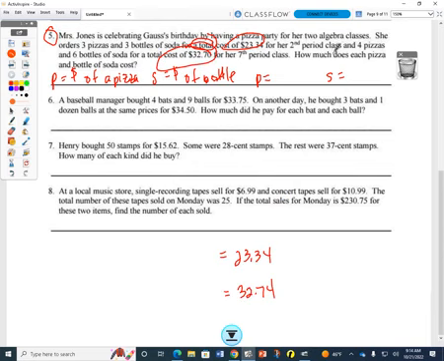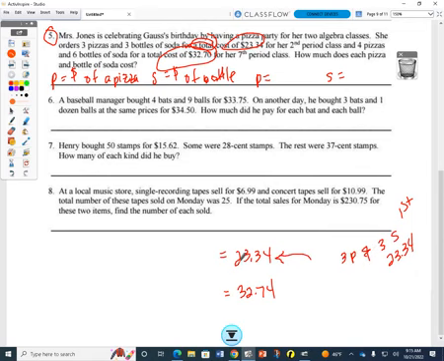I need to pull out some important information. There were 3 pizzas and 3 bottles of soda in first period, and they were $23.34. So guess what I'm going to use in my first equation? There were 3 pizzas.